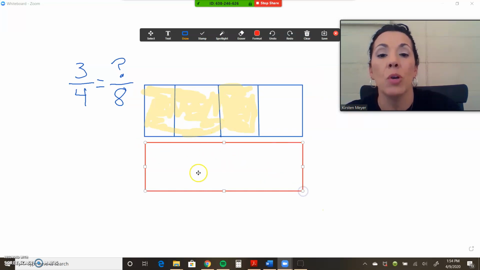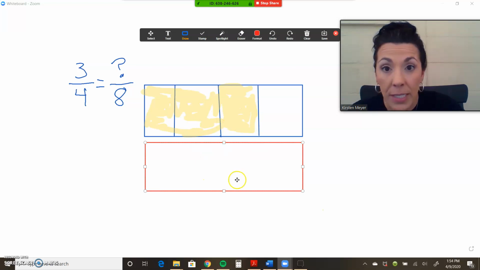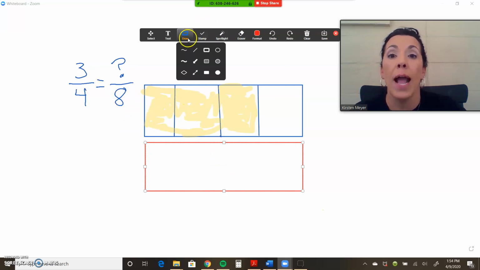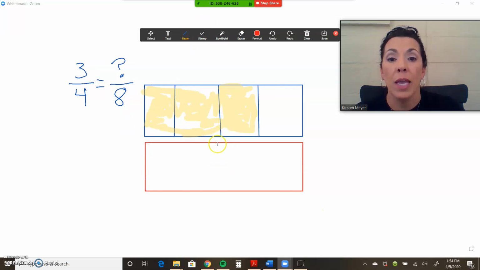And I'm going to line it up so my wholes are the same, but this time when I break it into its parts, my denominator is 8, so I'm going to make sure that I have 8 parts in my whole. So I'm going to start right here in the middle. I'm going to say that's 1. And I'm going to make it look just like my other one, but there's still only 4 parts.